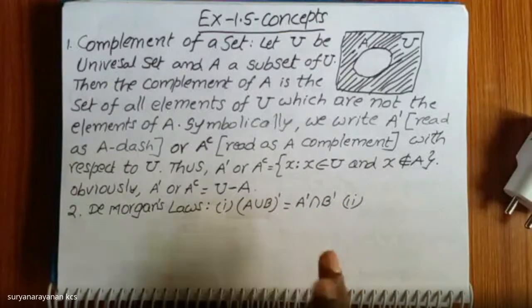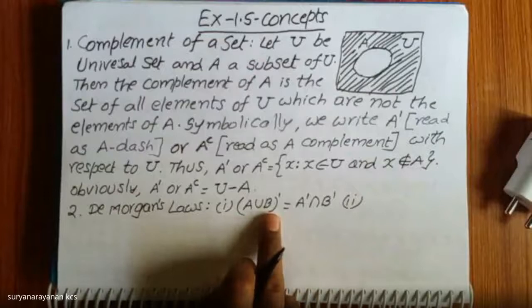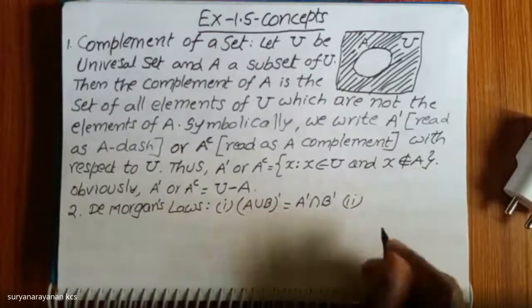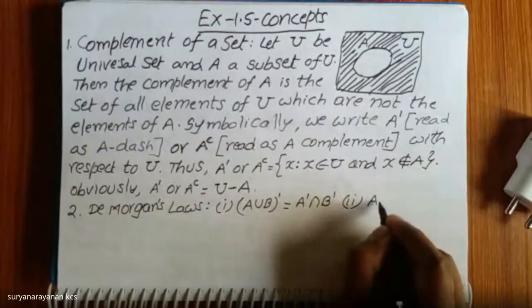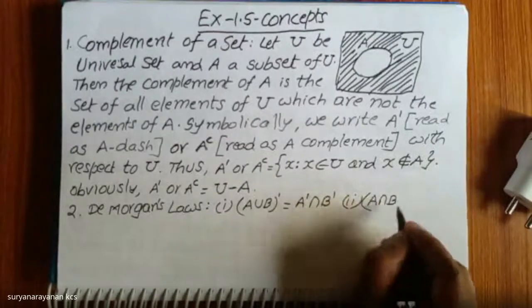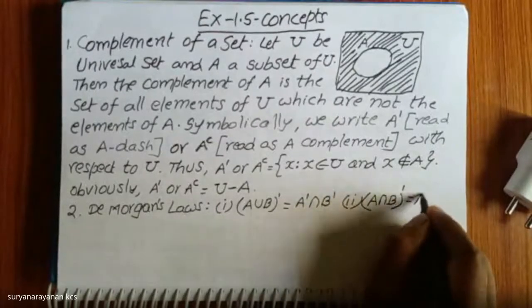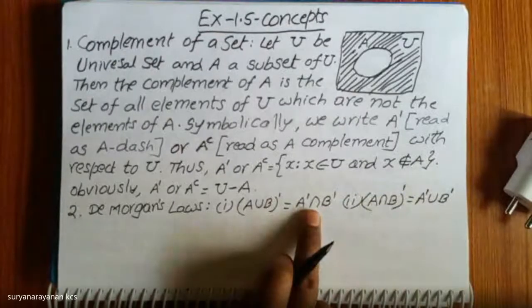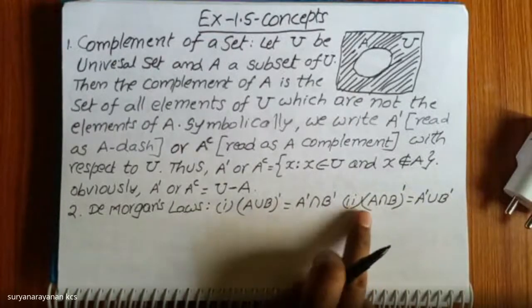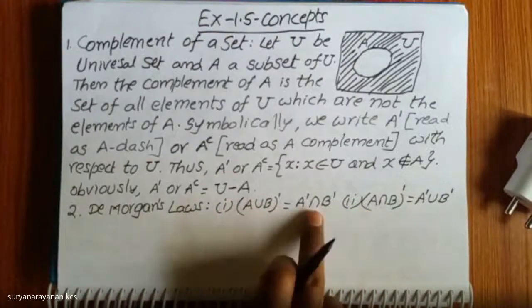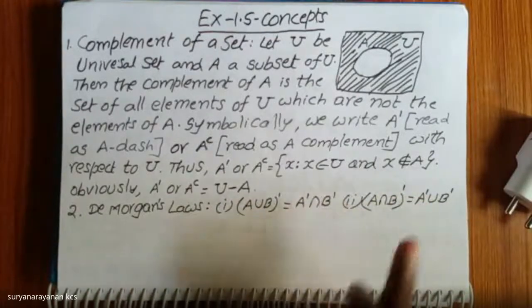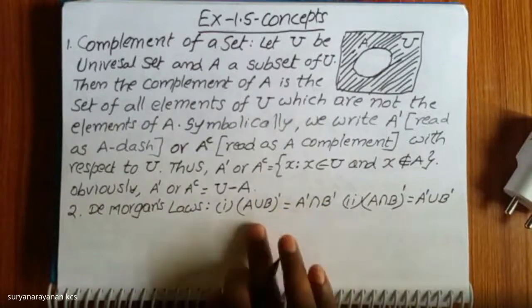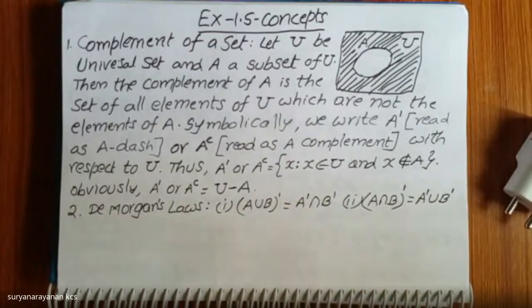The first one is A union B whole dash is equal to A dash intersection B dash. And another one, A intersection B whole dash is equal to A dash union B dash. Just intersection changes to union, union changes to intersection. These two are said to be De Morgan's laws of complement of sets.